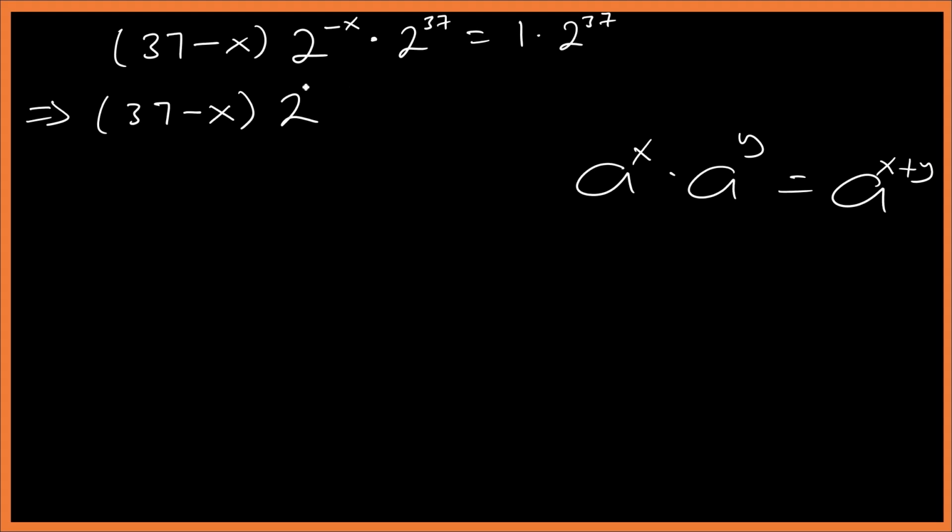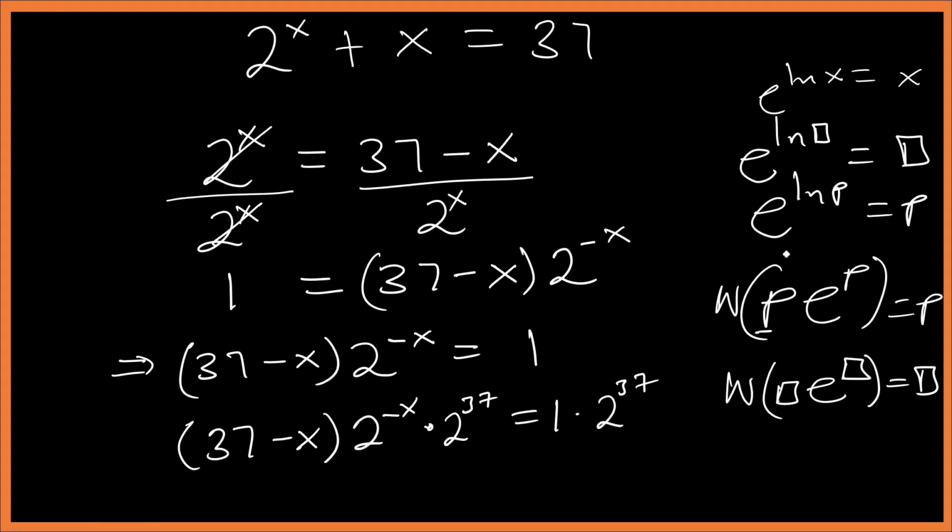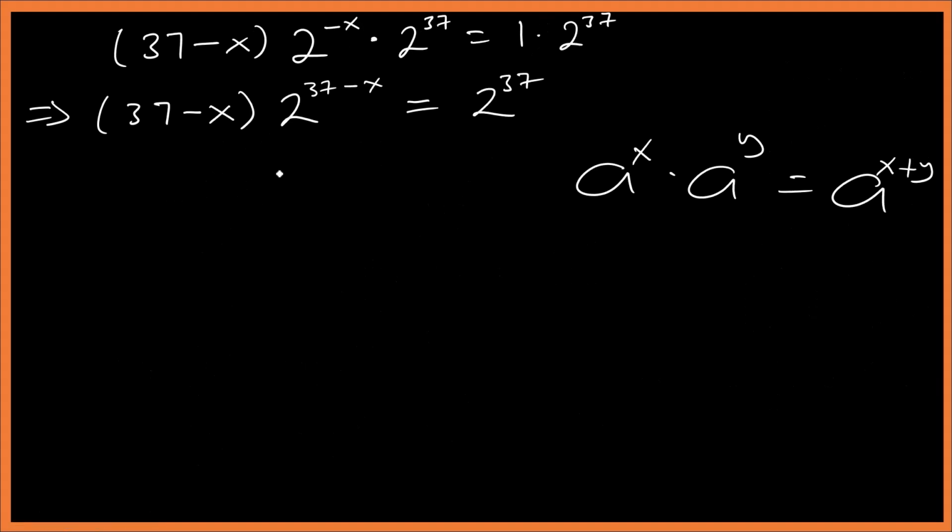So we have 37 plus minus x, that will be minus x, equals 1 times 2 to the power 37. Okay, so remember, e raised to ln of something is that thing. So we want to introduce the e so that we can take the Lambert W function.